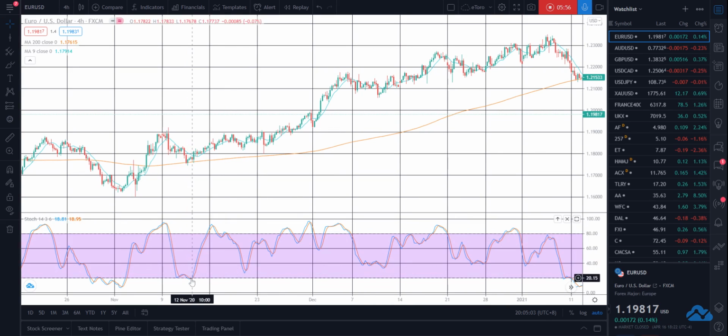So one of the signals that you can get from the stochastic indicator is the crossing of the K and D percent lines, so these two lines.